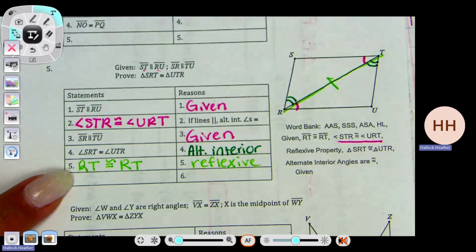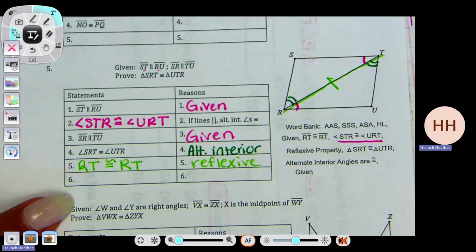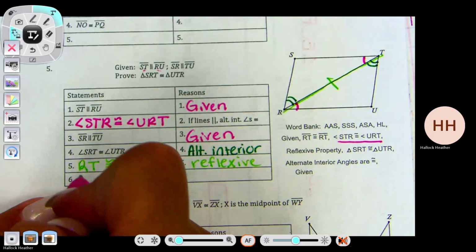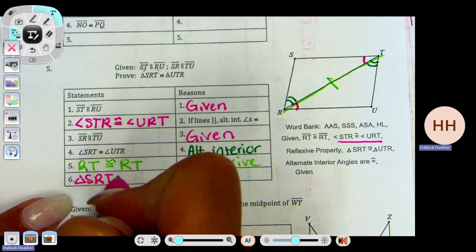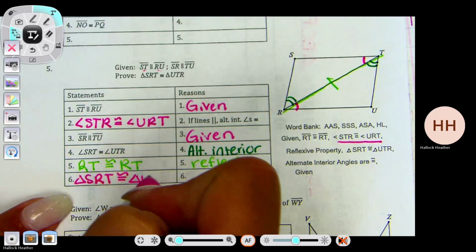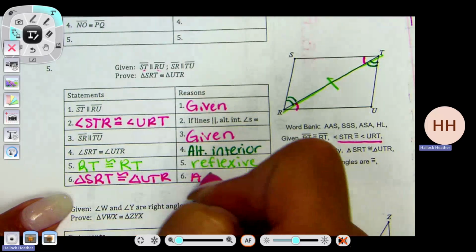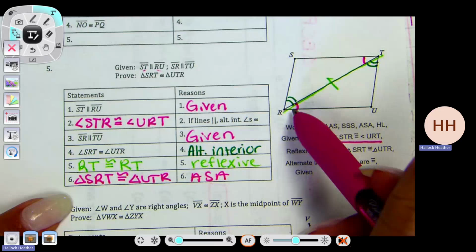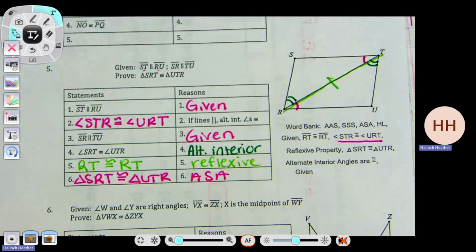And then the last one's going to be what? Perfect, and why? Angle, side, angle. Because if you have an angle, a side, and an angle.